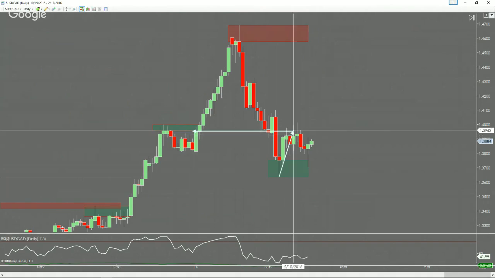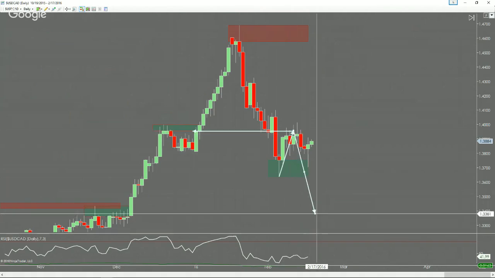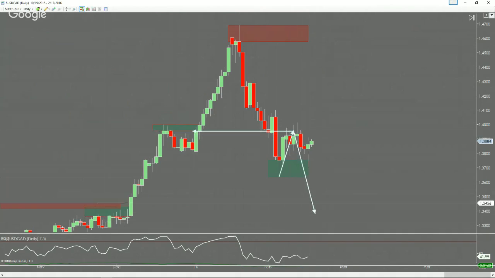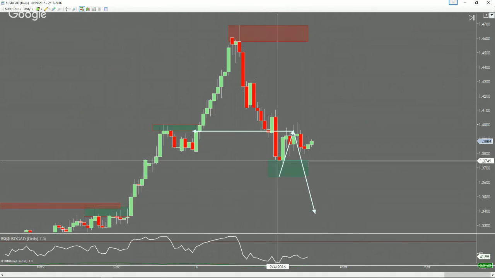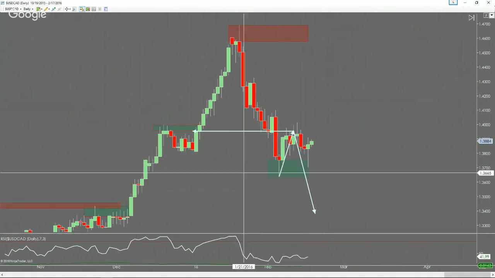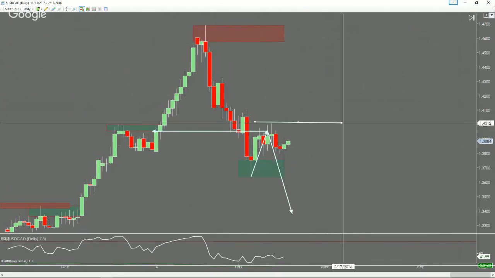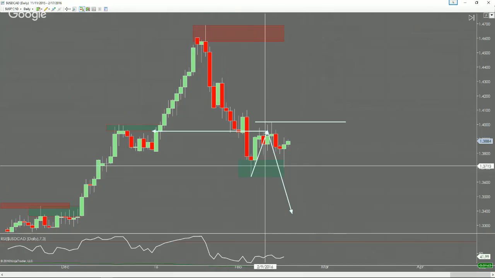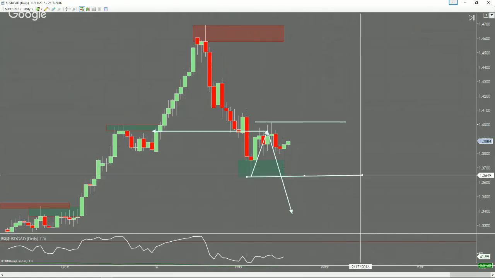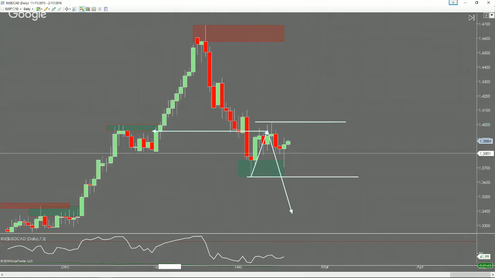And for price to come back down to this level of structure. Now, what is happening at this time is we're actually getting some consolidation at these two levels right here. So we're still waiting on that.